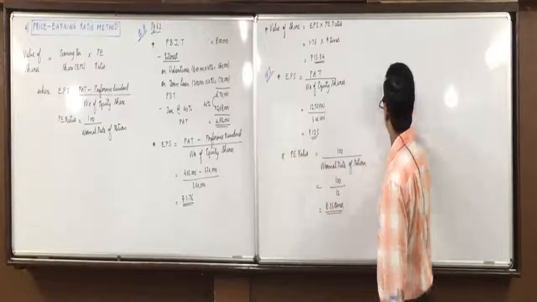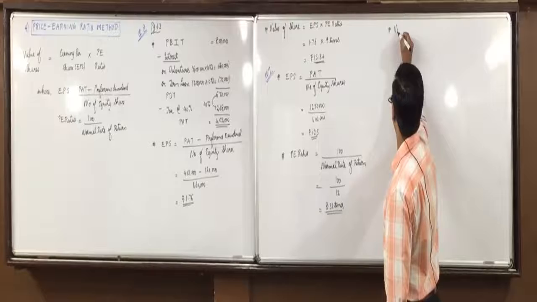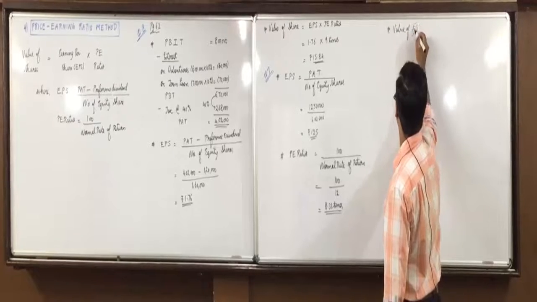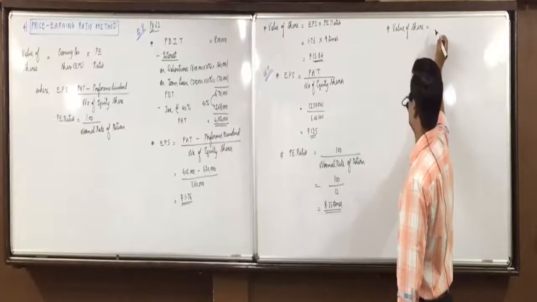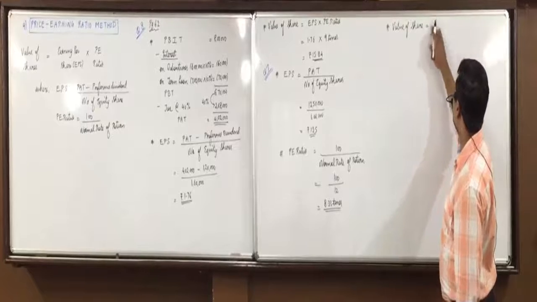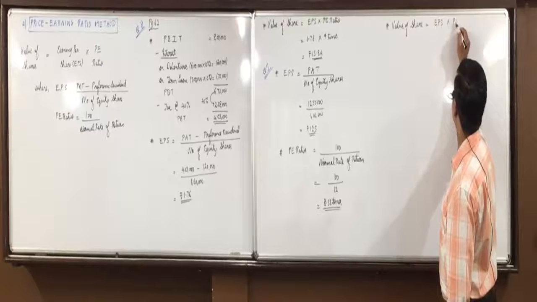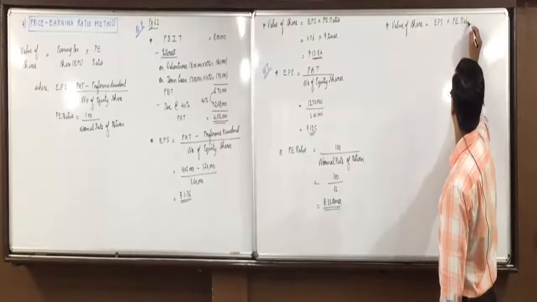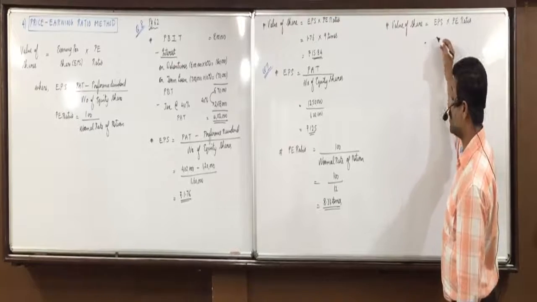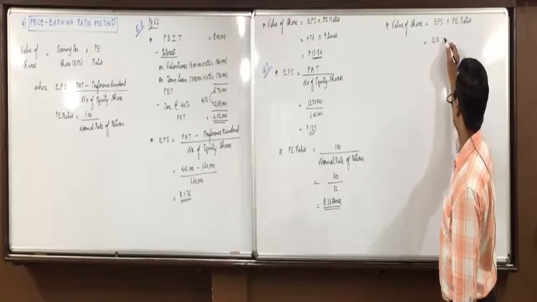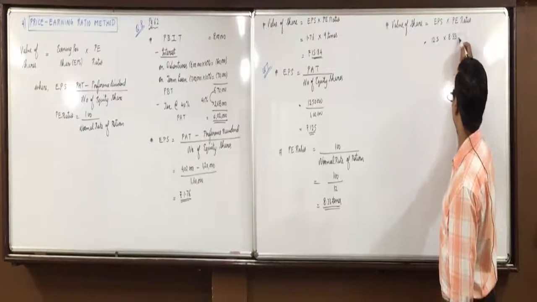Then we'll apply the formula. Value of share is equal to EPS into PE ratio. EPS is 12.5, PE ratio is 8.33 times.